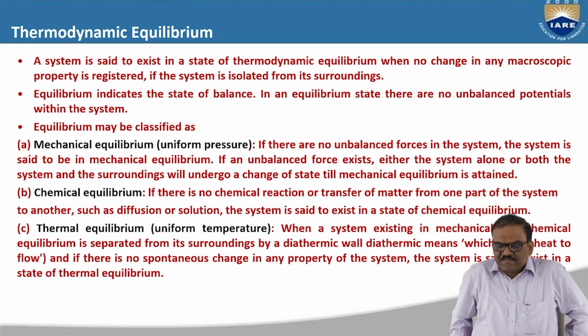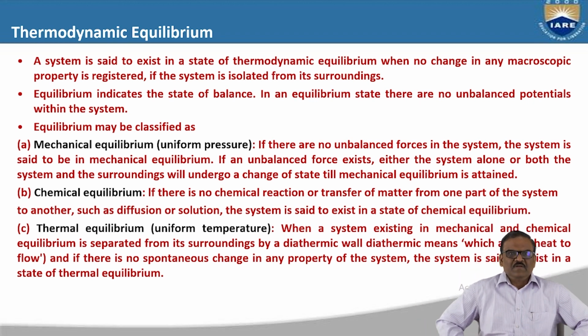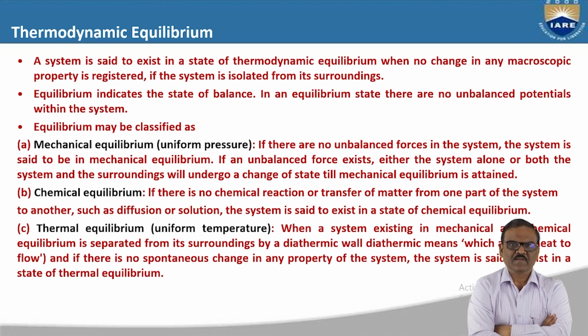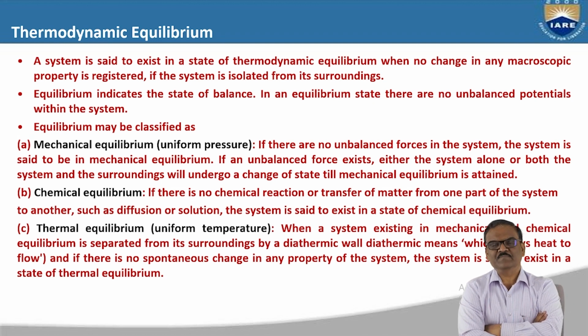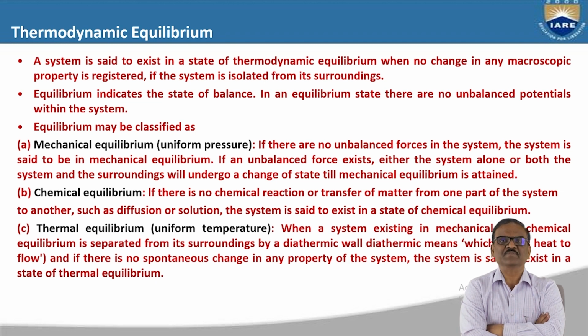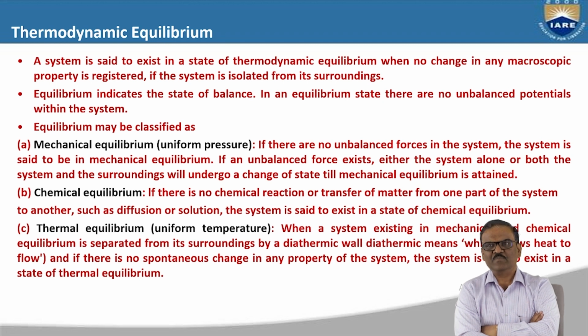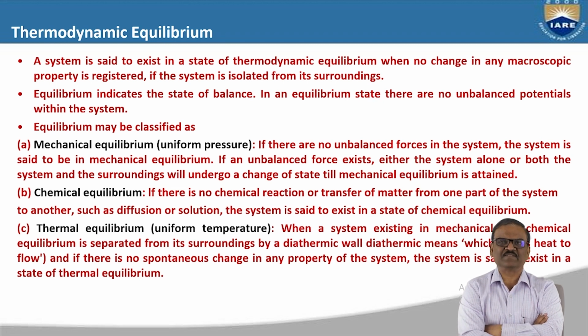There are three types of equilibrium we classify: mechanical equilibrium, chemical equilibrium, thermal equilibrium. In mechanical equilibrium, it possesses uniform pressure. If there is no unbalanced force in the system, it is said to be in mechanical equilibrium.